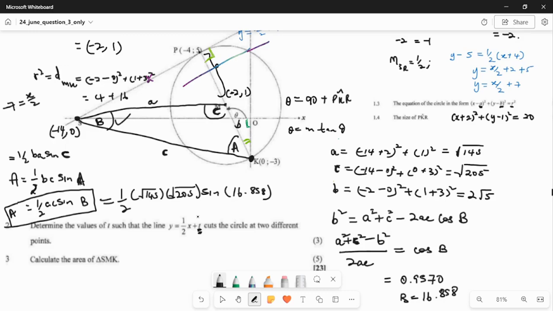Let's see. Interesting, I'm getting a perfect 25. So the area of this triangle is equal to 25 units squared.